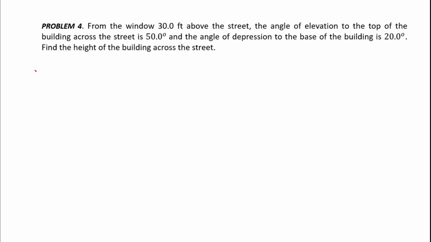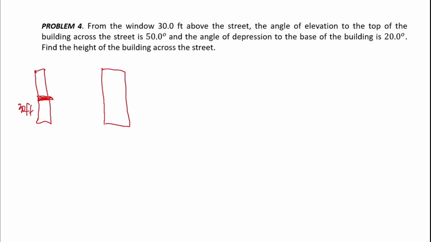So let's have first, this is the building, building 1. From the window 30 feet above the street, this is 30 feet, right? From this window, the top of the building across the street is 50 degrees and the angle of depression is 20. Find the height of the building across the street. So there are two buildings here.